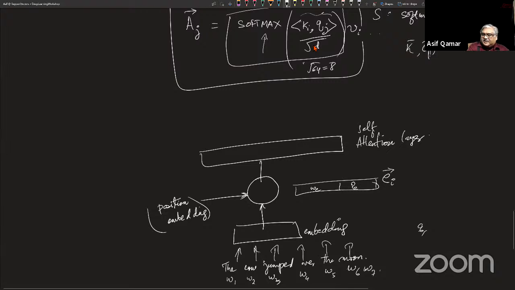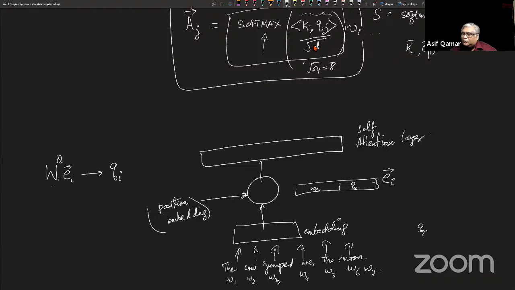So the word embedding, actually, I know that I've used W for these words, which I regret now. I wish I had just used the word. Okay, we will just use that. So what you do is you multiply this word E_i with a query matrix Q such that it produces the query. So this is just a weight matrix.